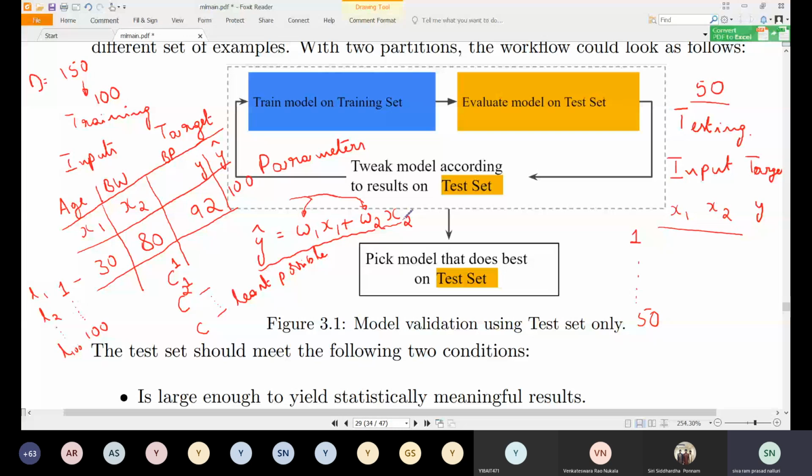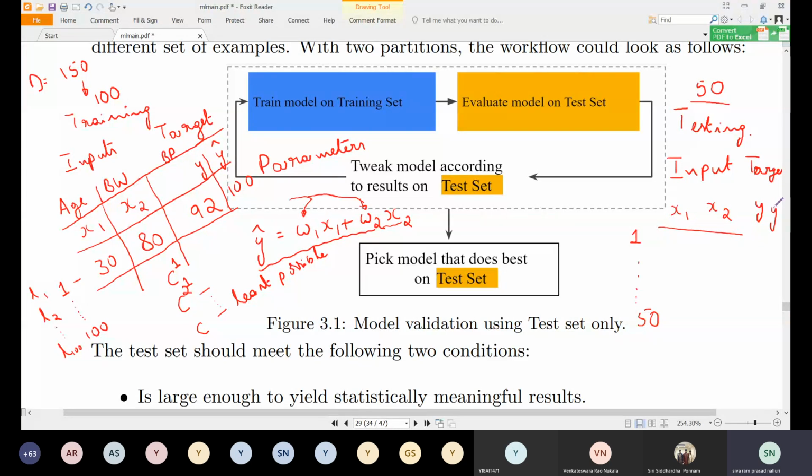Okay. So after training, normally what we do is we use the same model that we have learned to predict the examples in the test set. So now the inputs are given from the test set to the trained model, and the predicted values are recorded.